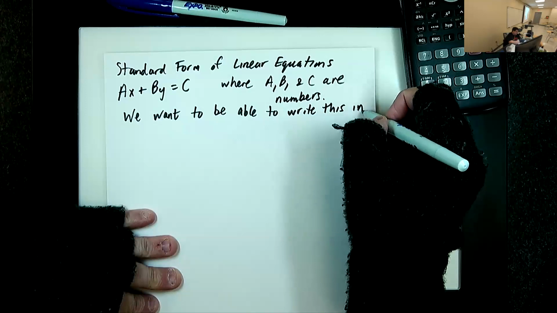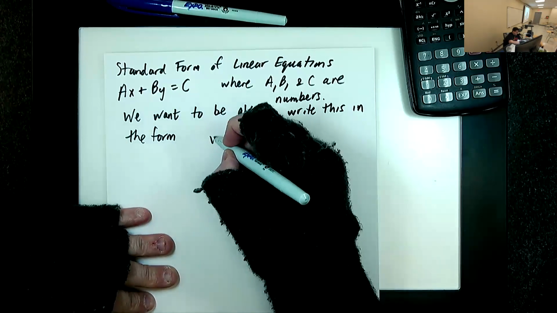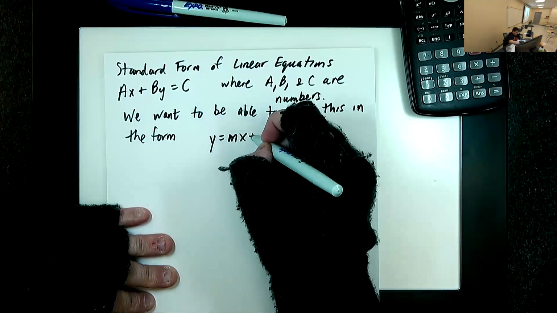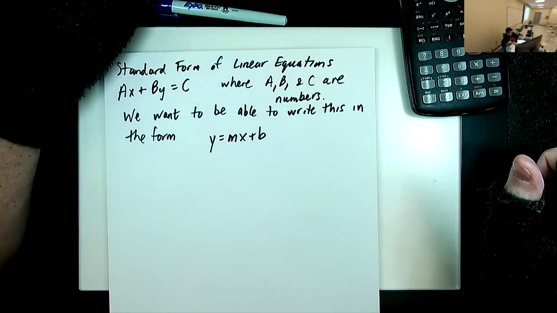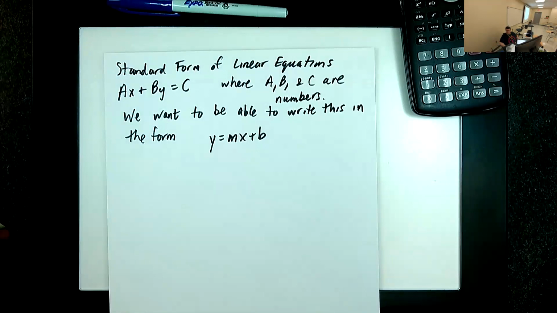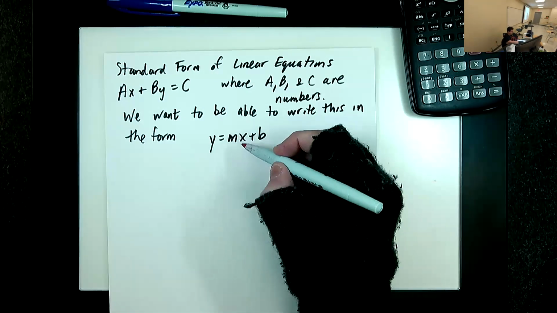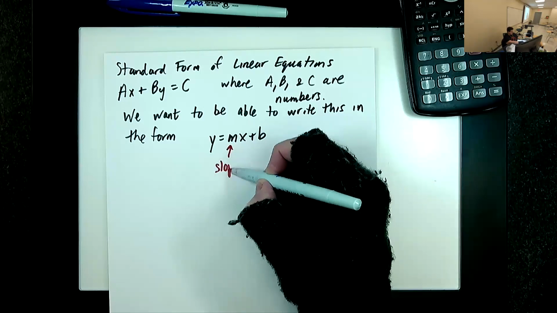in the form y equals mx plus b. It's easier to graph. And m is our slope. We already know that.